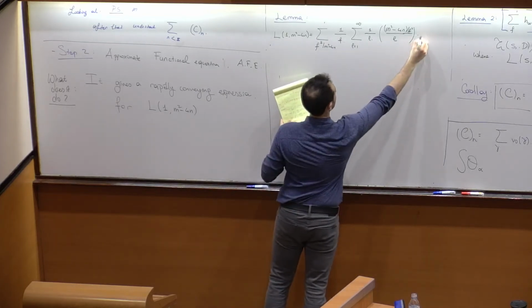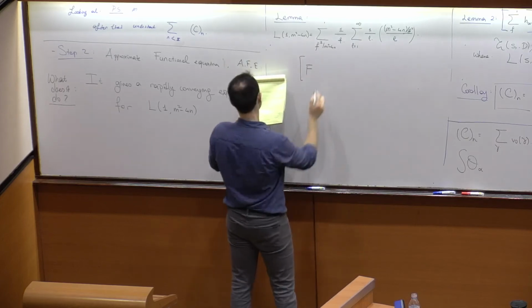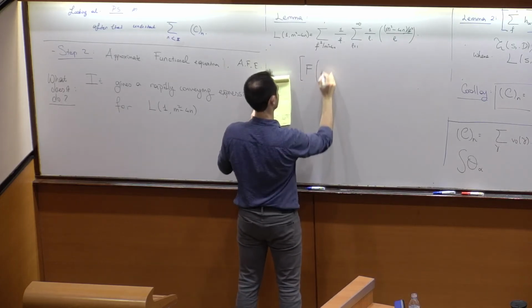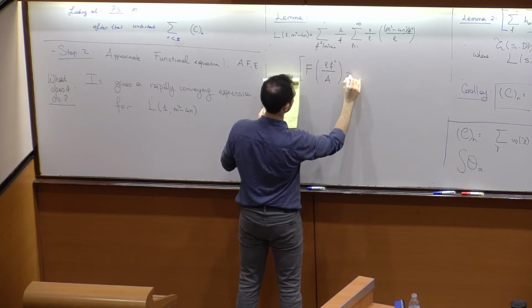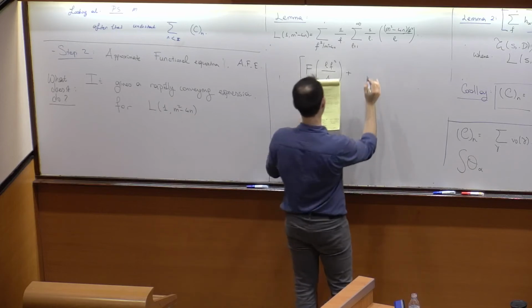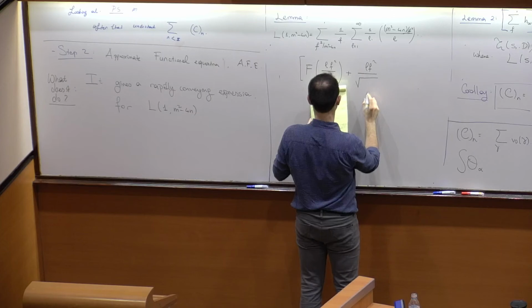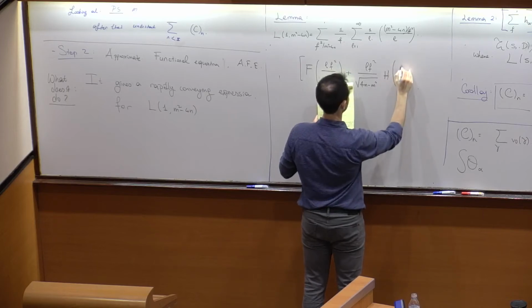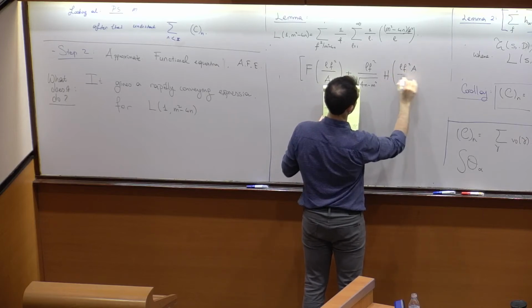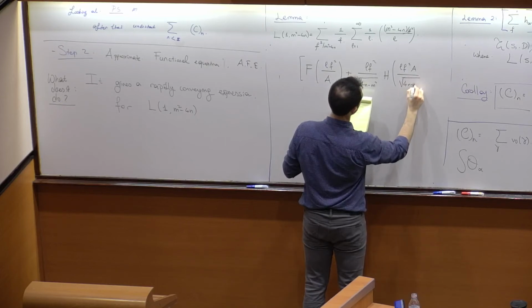Times, so this whole thing is basically multiplied by the following. I'll tell you what F is before you ask. So LF squared over A plus, and I'll tell you what A is, LF squared over square root of 4n minus m squared, h of LF squared A by square root of 4n minus m squared.